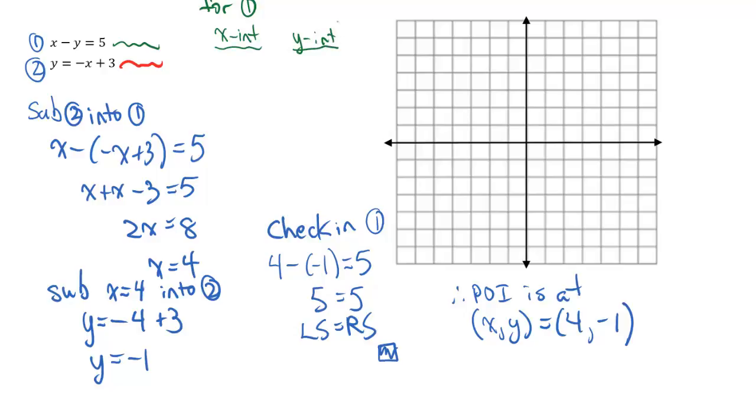And for the x-intercept, I let y equals 0. And this gives me x equals 5. For my y-intercept, I let x equals 0, and this gives me y equals -5.